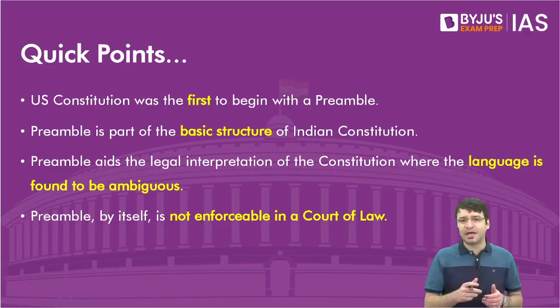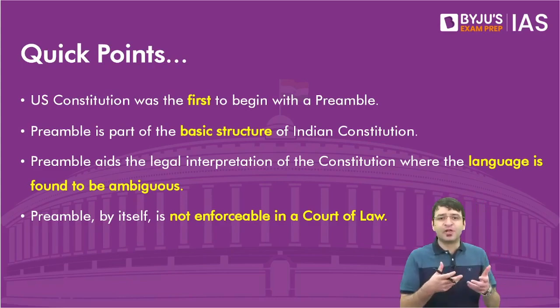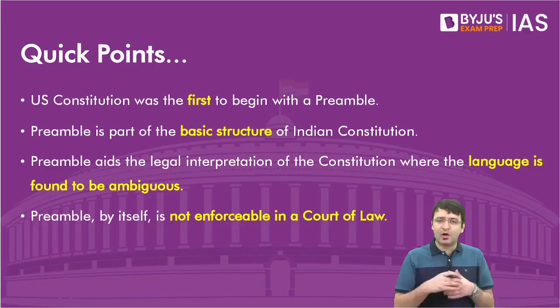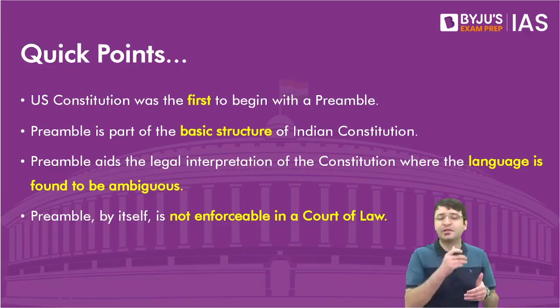And at the same time, the third thing that preamble tells us, what are the objectives of the Constitution? Objectives in the sense, liberty, equality, fraternity, dignity of an individual, justice. But justice in social sphere, in economic sphere, in political sphere.